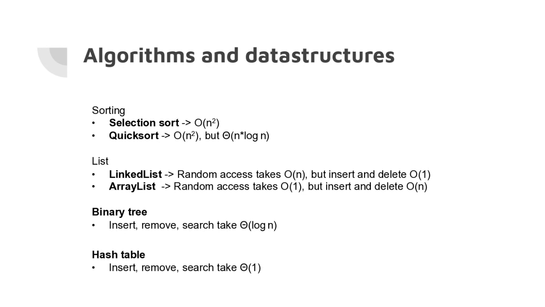Also, you can have a list of atomic values, but you can also imagine that you have users which have more properties, like the first name, last name, date of birth, and so on, and that you store them in a binary tree, but indexed on their name or something, if you want to quickly search for users on their name. So for a binary tree, insertion, removal, and search take on average log n steps, so that scales quite good with large values of n.